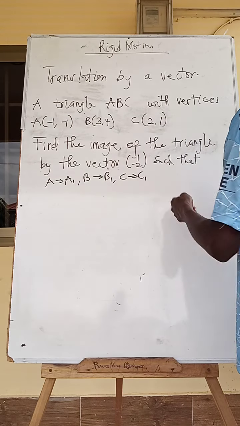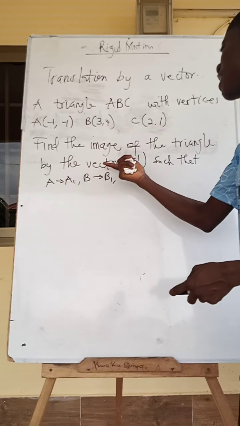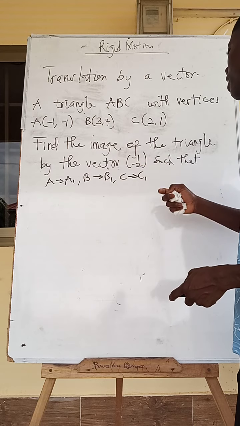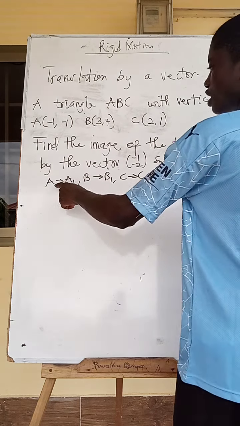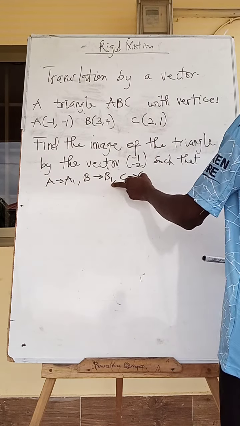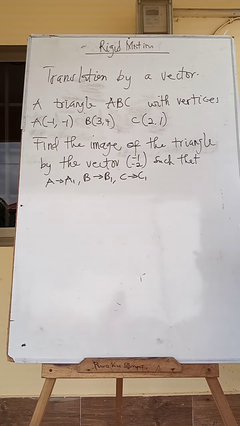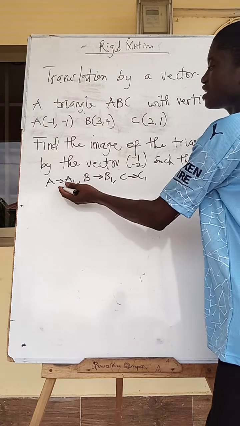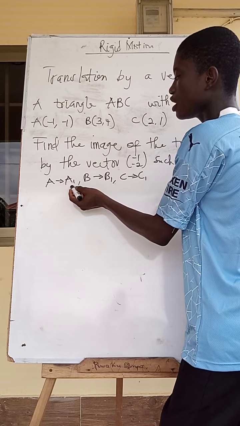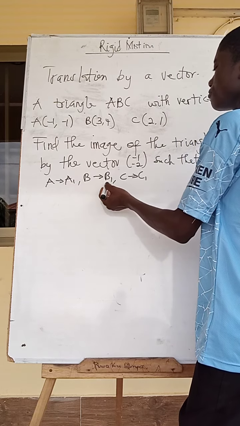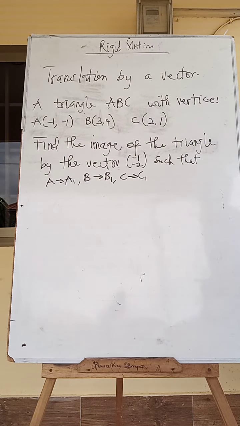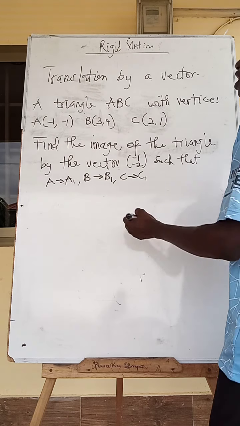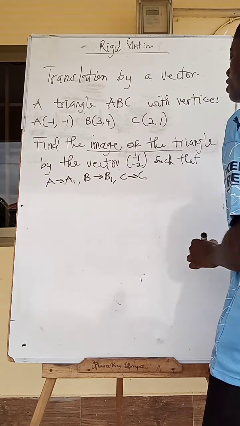Find the image of the triangle by the vector (-1, -2), such that A maps to A1, B maps to B1, and C maps to C1. So this is just telling us from A to the image of A, from B to the image of B, from C to the image of C. So here, we are finding the image of the triangle.